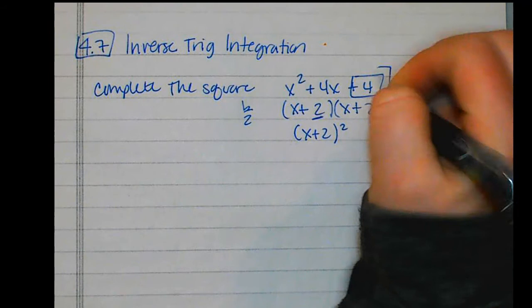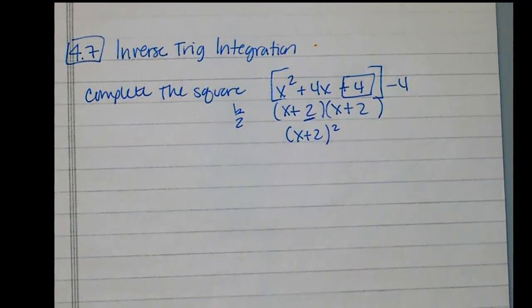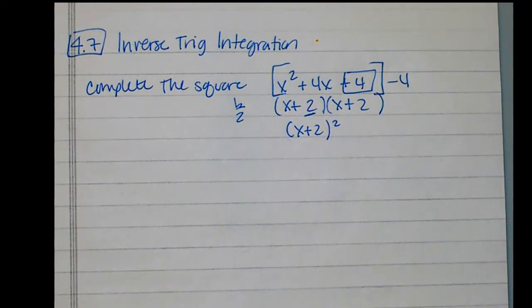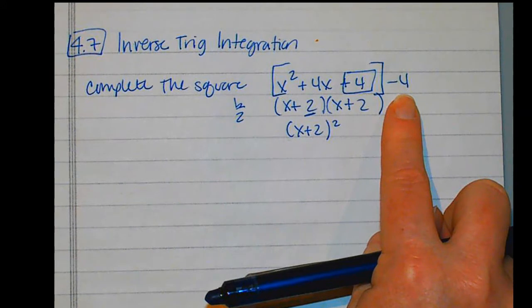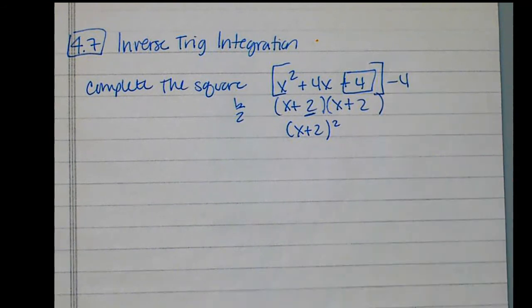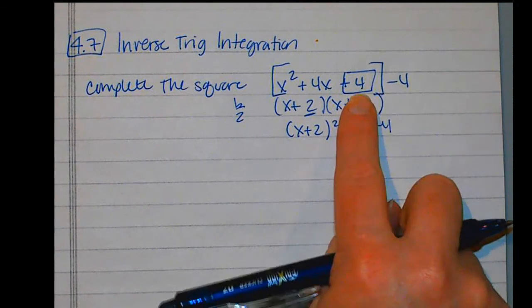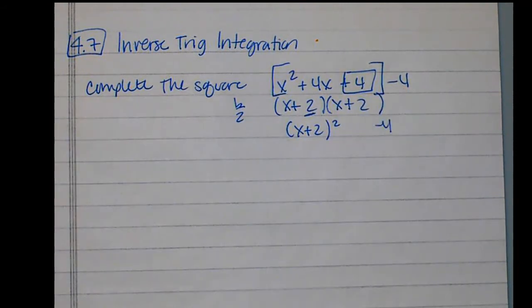So we're going to group up a quadratic that we can complete the square on, and then we're also going to have the minus 4. So in our arc trig analysis, there's like something squared plus something squared, or the square root of something squared minus something squared. So if we add 4, we have to subtract 4.